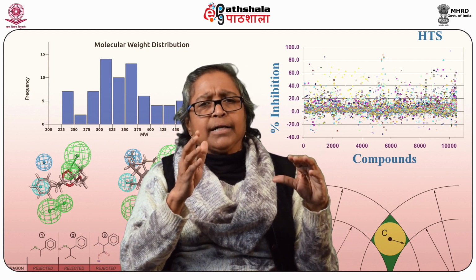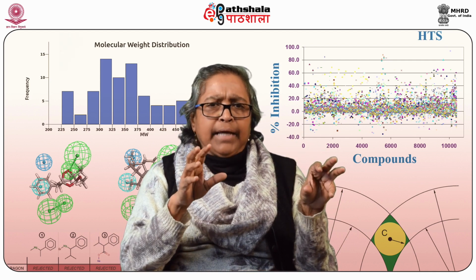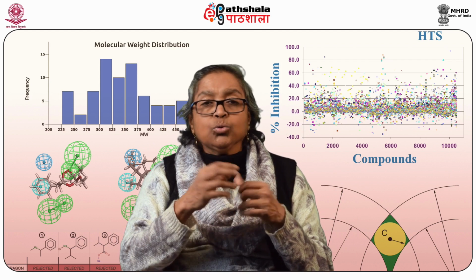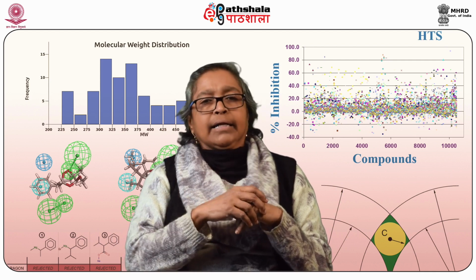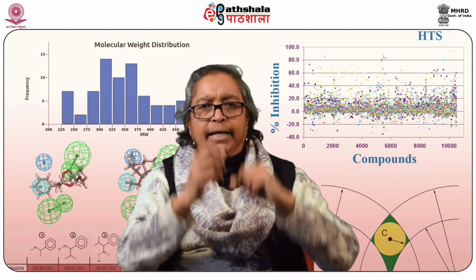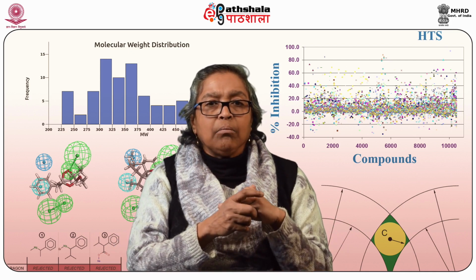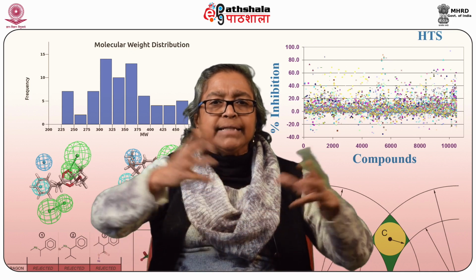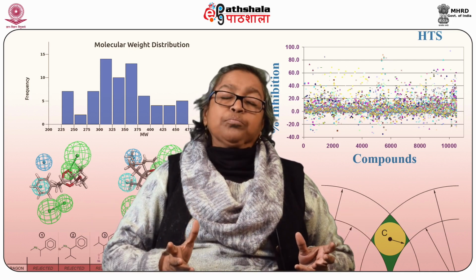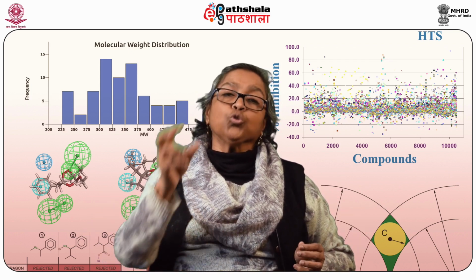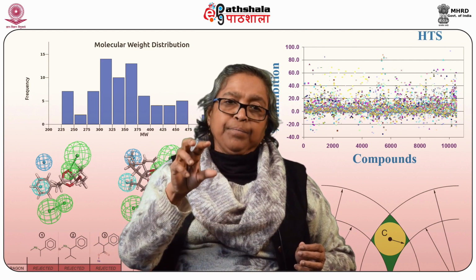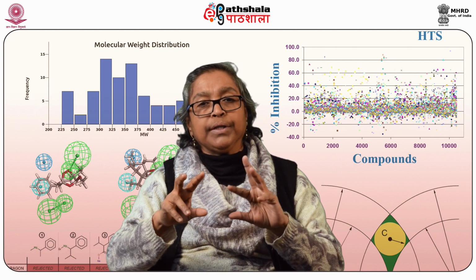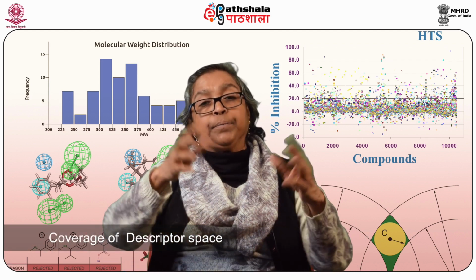I have also summarized two different types of AI approach: one to handle toxicity, another to find drug-like molecules or patterns of drug-like molecules. But data justification, that is how much data is available, has the most crucial role to play finally. Hence, there is data insufficiency, along with coverage of descriptor space.